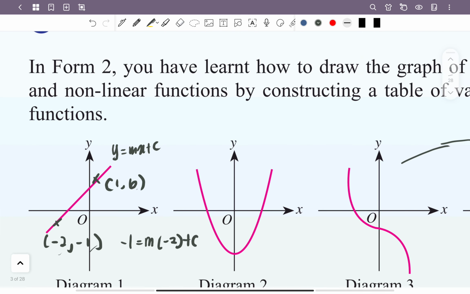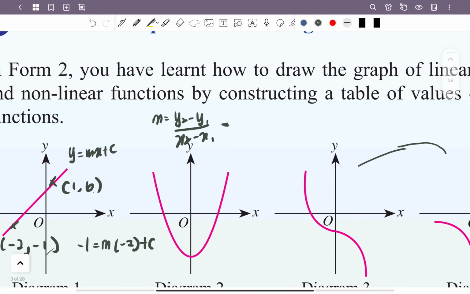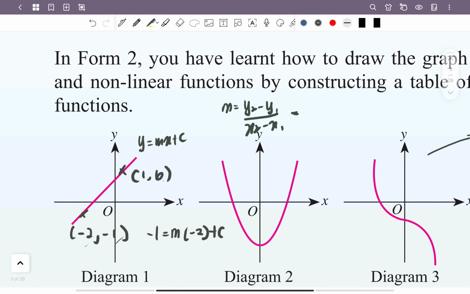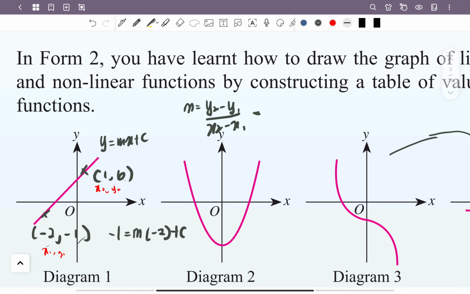How to find m? M is (y2 - y1) over (x2 - x1). Let's say y2 is here, and here is x1, y1.